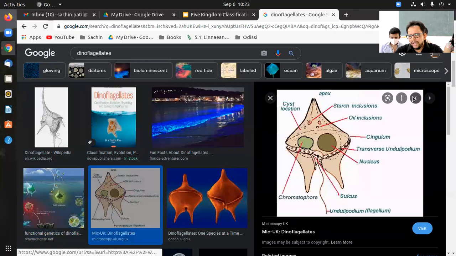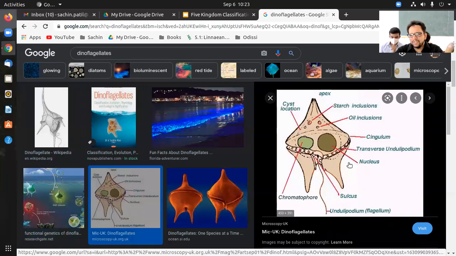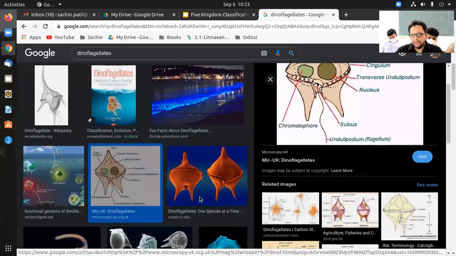So this is the example of a dinoflagellate, which looks like a weird creature, but they have these different cellular structures, and you can see there is a chromatophore as well. Chromatophore means one which helps take the solar energy or light energy and helps the plant to synthesize the food on its own.